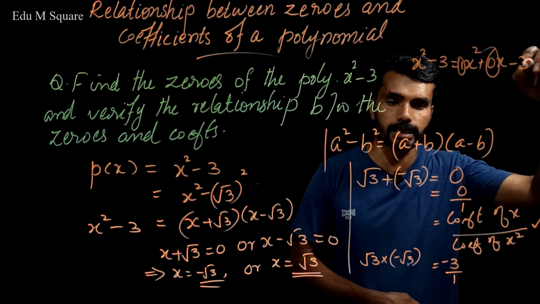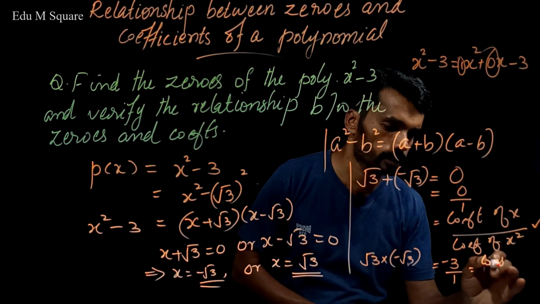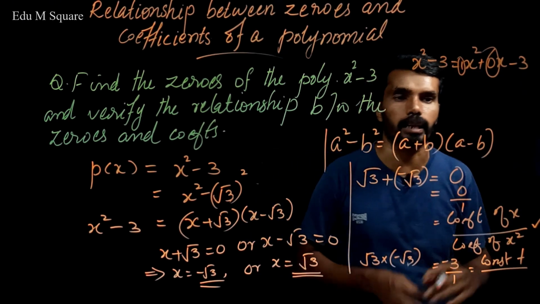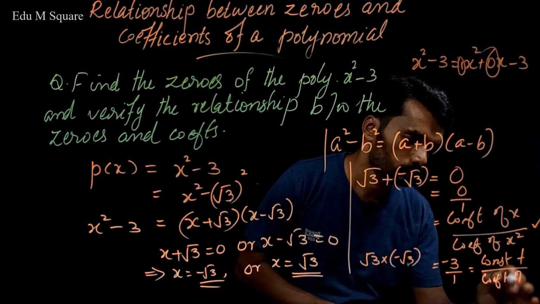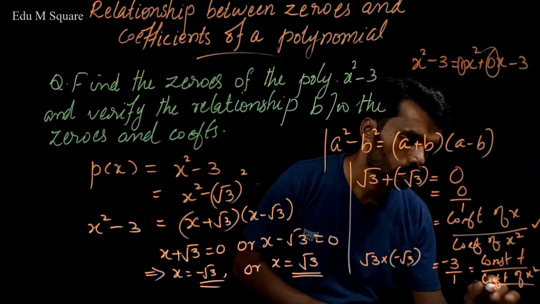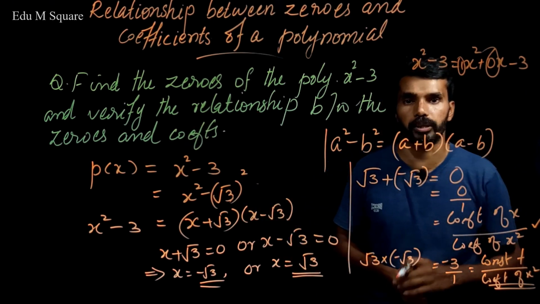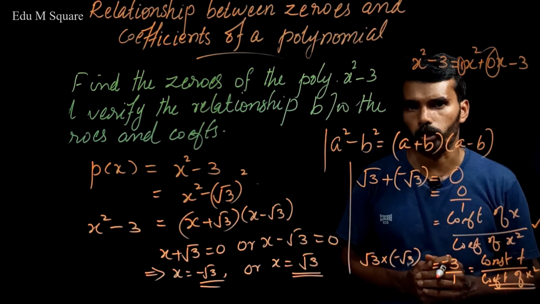So minus 3 is the constant term divided by 1, which is the coefficient of x square. So the roots hold the relationship between the coefficients and the zeros of a quadratic polynomial.